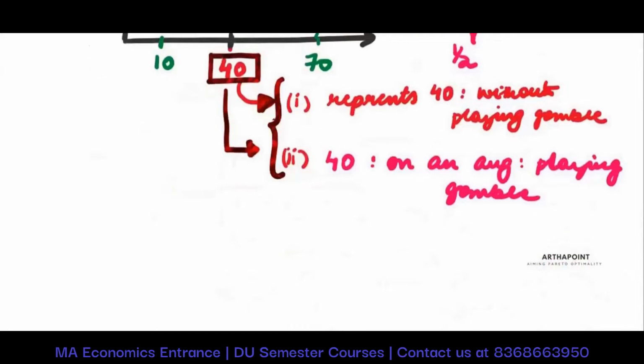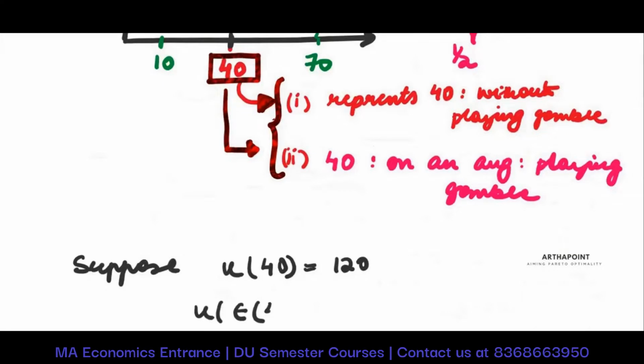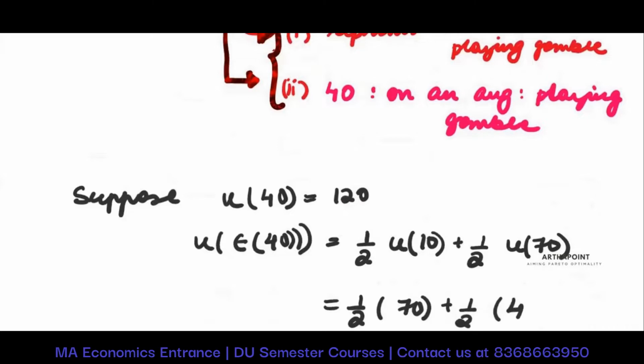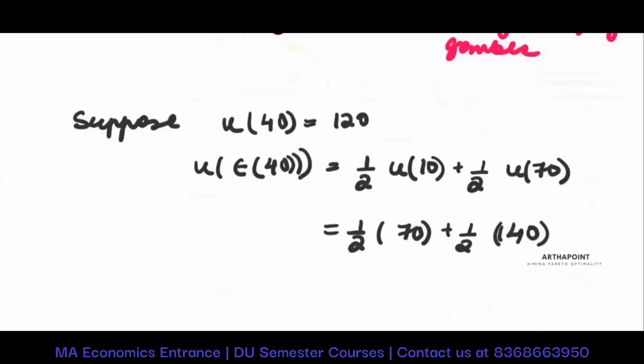Suppose I tell you that the utility from 40 is 120, and the utility from the expected value of 40, this is nothing but half utility from 10 plus half utility from 70, which is half into 70 plus half into 140, which is half of 210, which is 105.